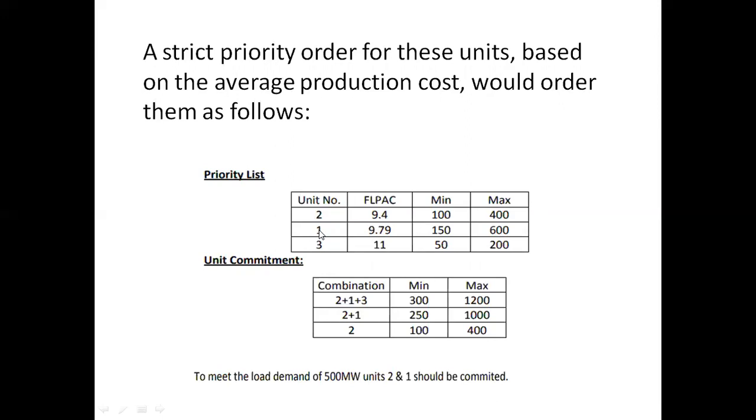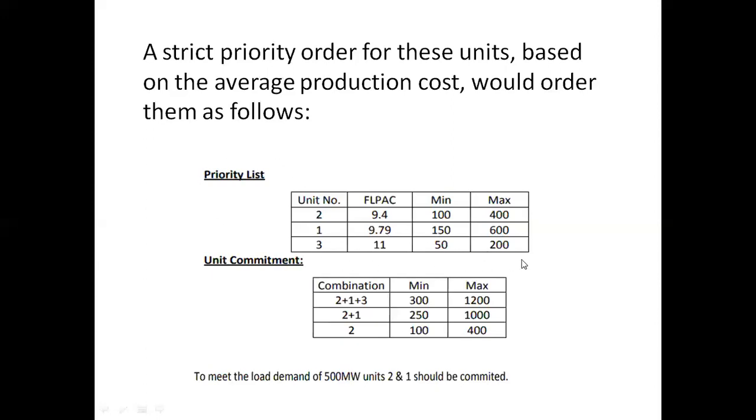The second priority is given to unit 1, with full load average production cost 9.79, minimum generation 150 megawatt and maximum generation 600 megawatt. Unit 3 is third in the priority list because its average full load production cost is the highest among the 3 units, 11, with minimum generation 50 megawatt and maximum generation 200 megawatt.